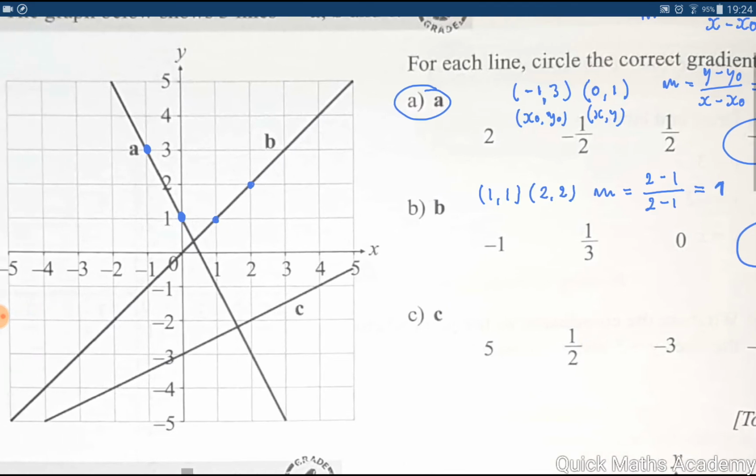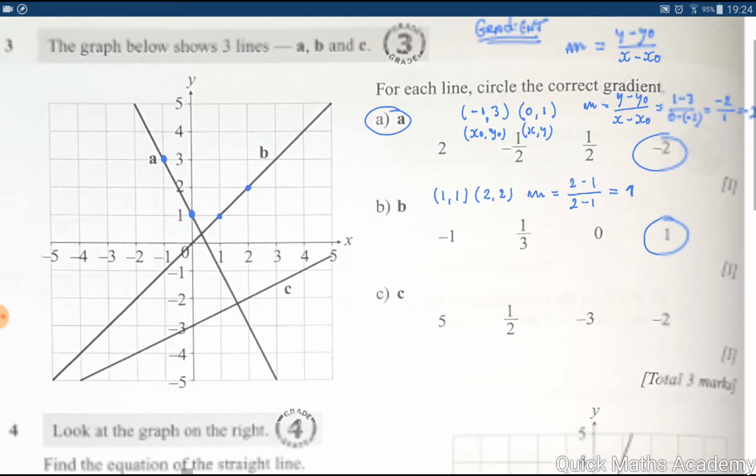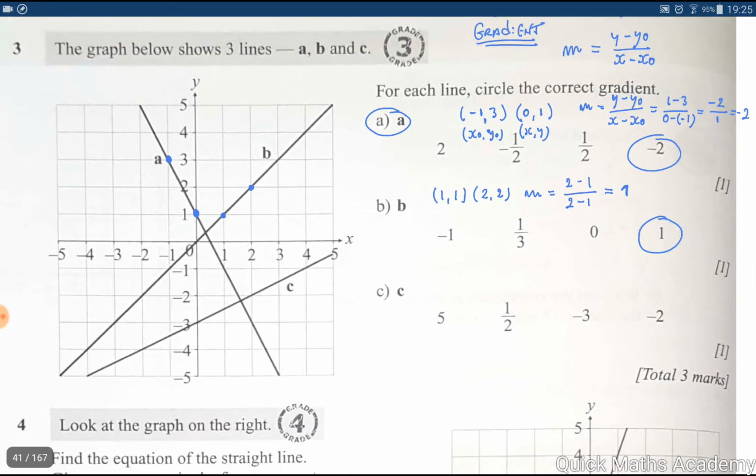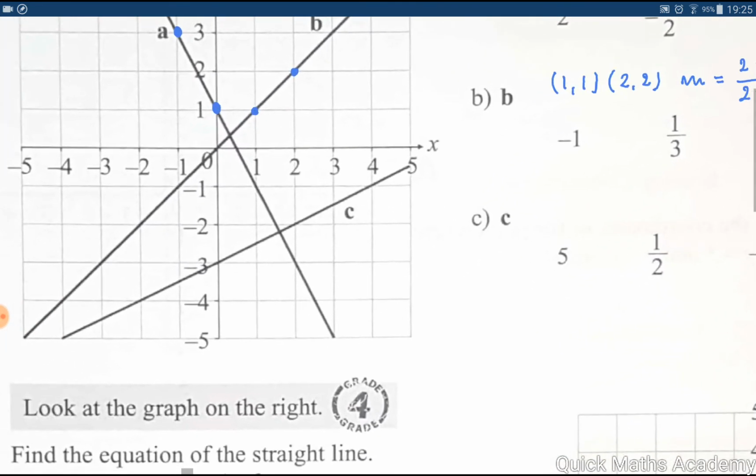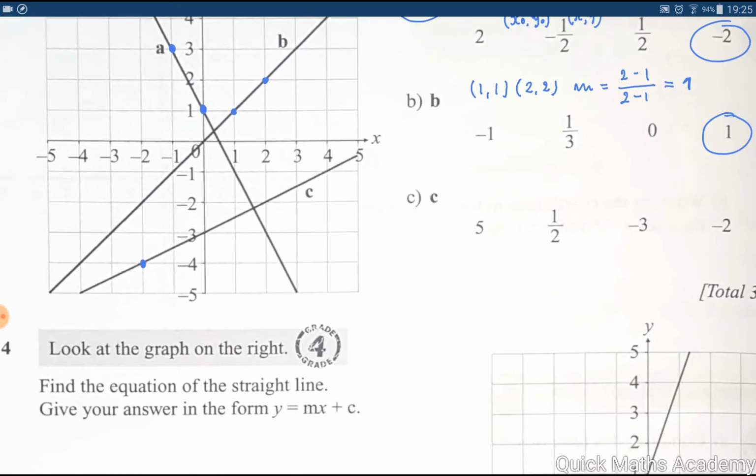For the next one, again, let's go for the strategy of grabbing points from the line. Line C, let's see, two known points. I have this one, for example, which is the point -2, -4. And then I have, for example, this one, which is 0, -3.